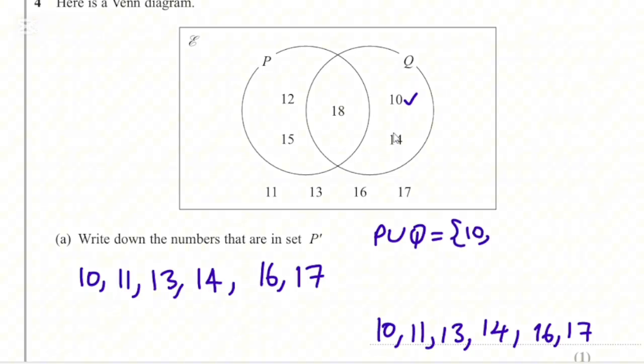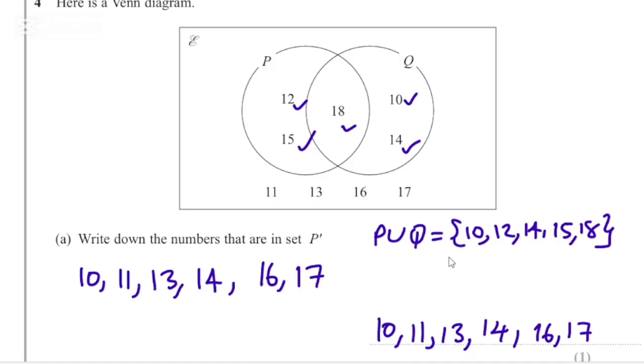So this is out. Then 12, all right, so the 12 is out. And then 14, even the 14 is out. Then 15. And finally, 18. So we have 1, 2, 3, 4, 5, all right?